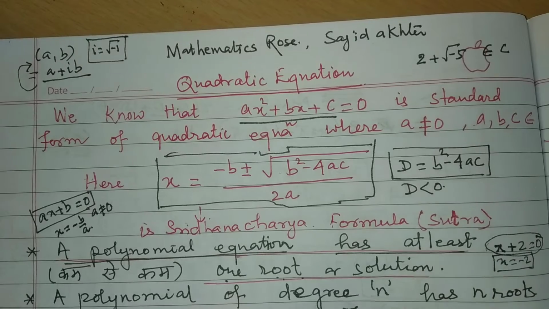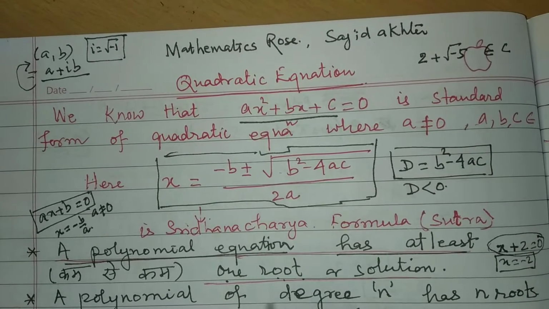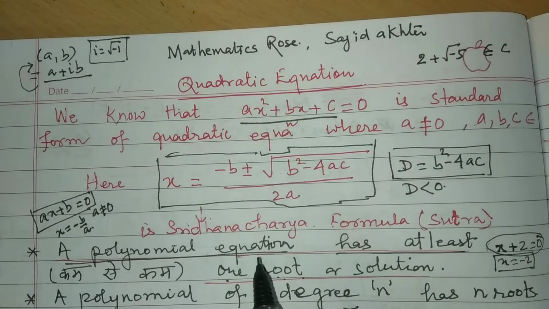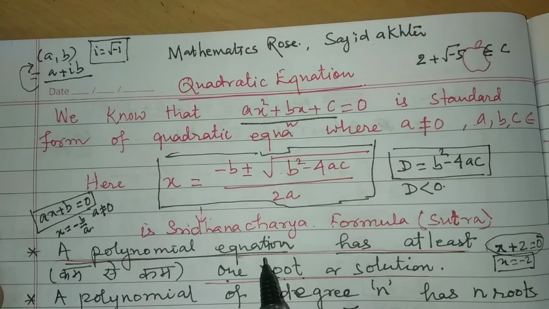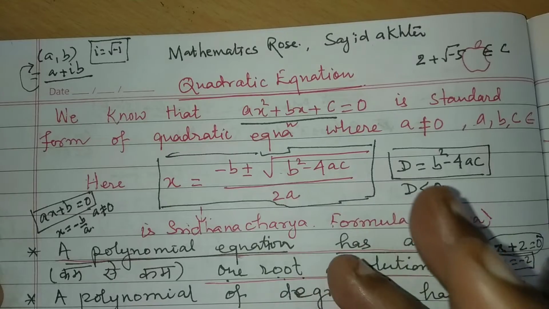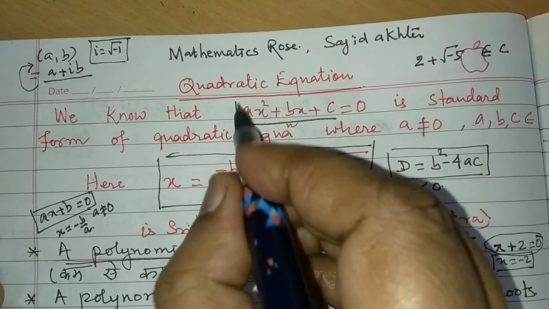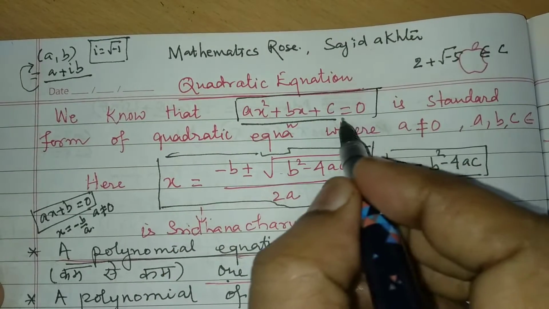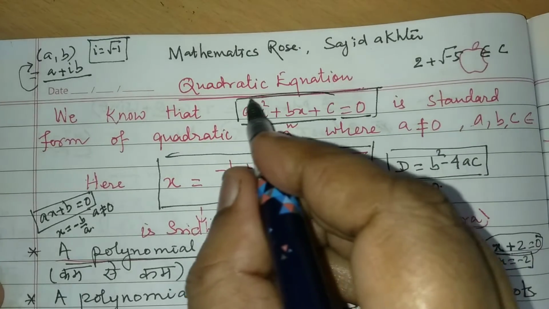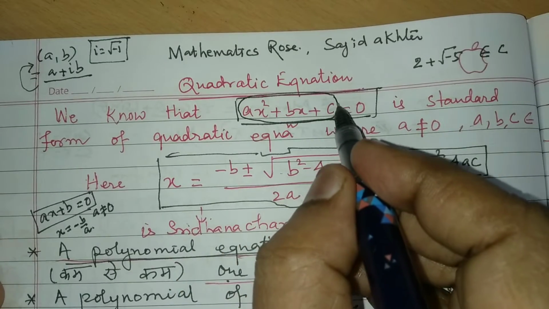Suppose we take a polynomial of degree 2, so it is a quadratic polynomial. When the quadratic polynomial is equal to 0, it gives the quadratic equation, where this part is the quadratic polynomial.